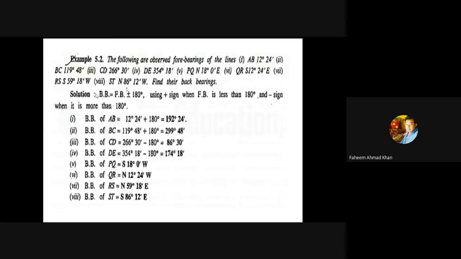See the fifth part. The question states PQ north 18 degree, 0 minute east. You don't have to do anything else. Just place south in place of north and west in place of east. Sorry, north with south, south with north, east with west, and west with east.